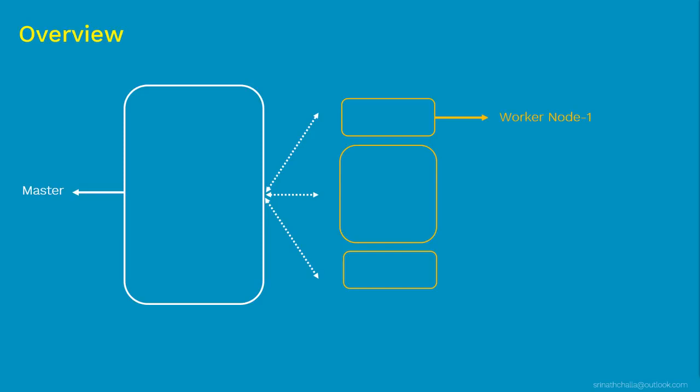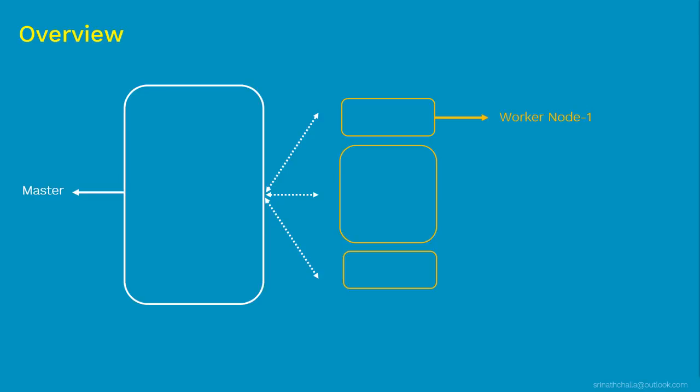Like any other distributed application, Kubernetes architecture consists of at least one master node and multiple worker compute nodes. For simplicity, we have one master and 3 worker nodes here. But in reality, there will be more than one master server for high availability and fault tolerance purposes. And worker nodes can go up to hundreds or even thousands. Currently, Kubernetes supports up to 5,000 worker nodes per cluster.